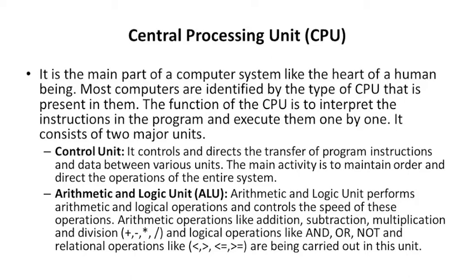Arithmetic operations like addition, subtraction, multiplication, and division, logical operations like and, or, not, and relational operations like less than, greater than, less than or equal to, greater than or equal to are carried out in this unit. It is going to perform all the arithmetic operations and the logical operations.